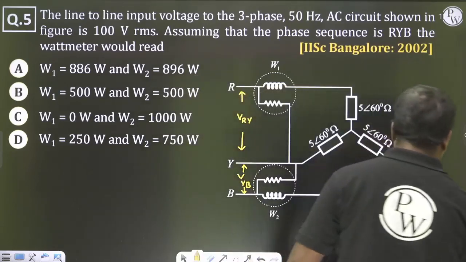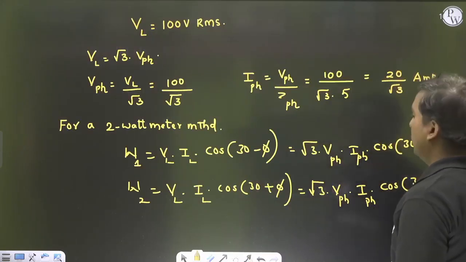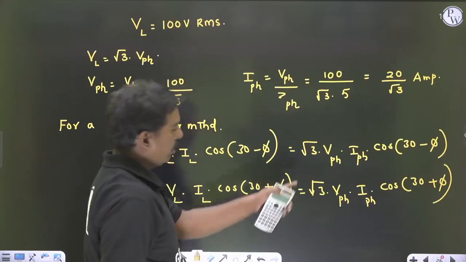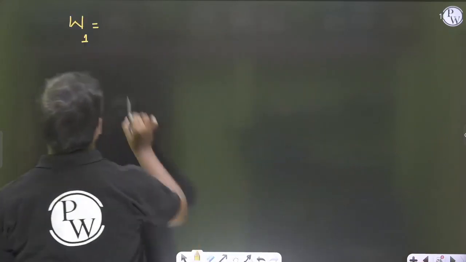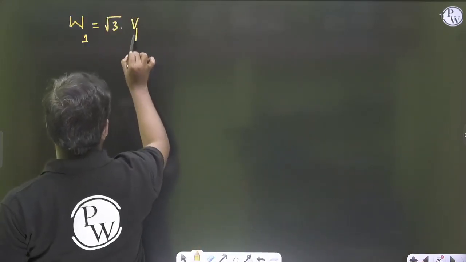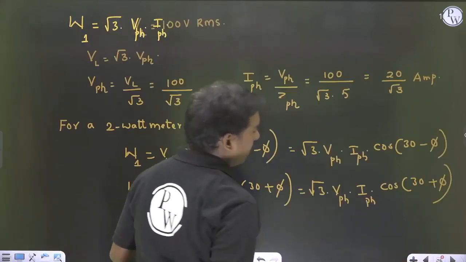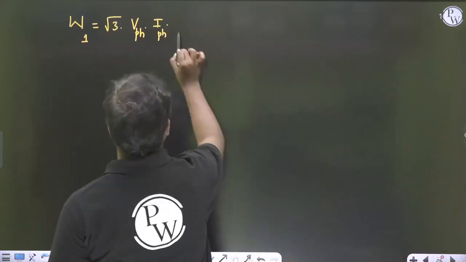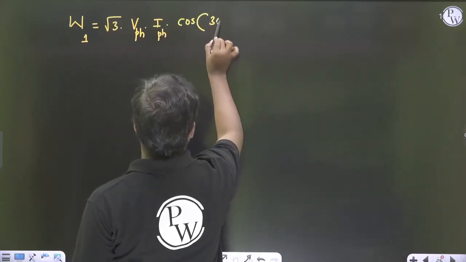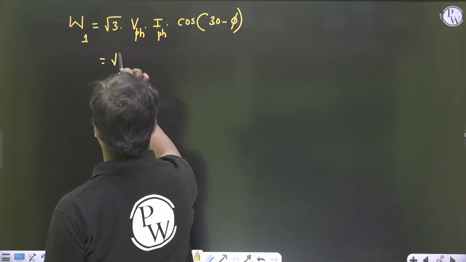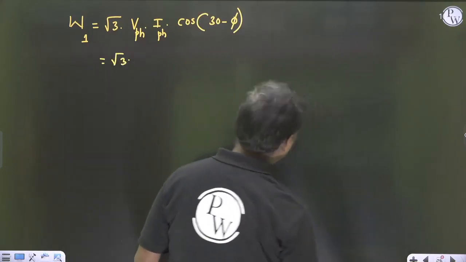Okay, so how to do it now? What is the answer? If we take the W1, we got it, root 3 VPH IPH cos of 30 minus 5. What is the VPH?